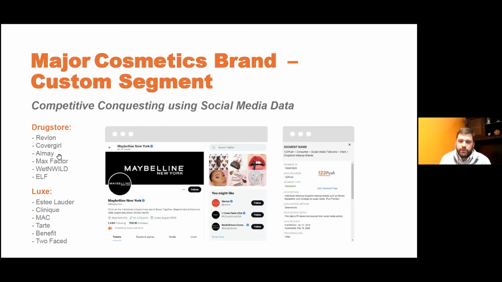All of those followers get rolled into a single segment called 123 Push Consumer Social Media Followers Drug Store Makeup Brands. And you get a full description, data sourcing method, and information on exactly where that data is coming from.